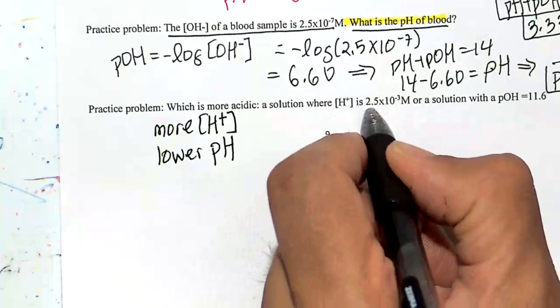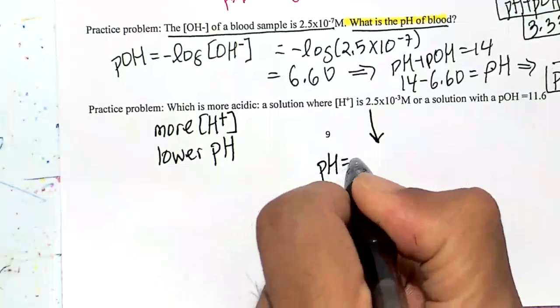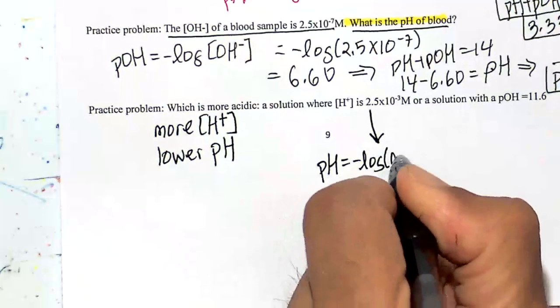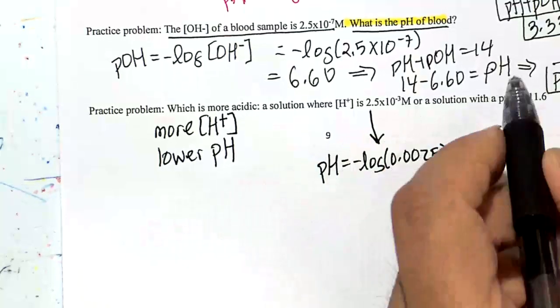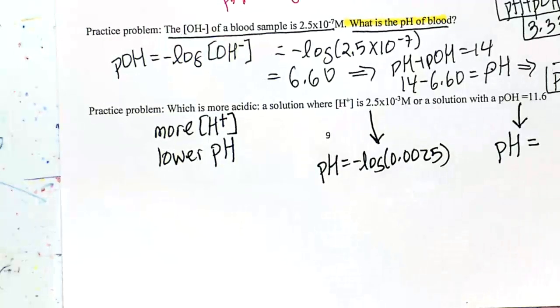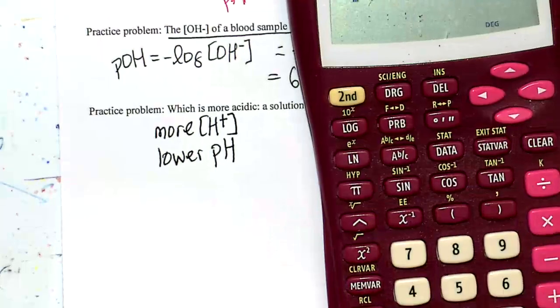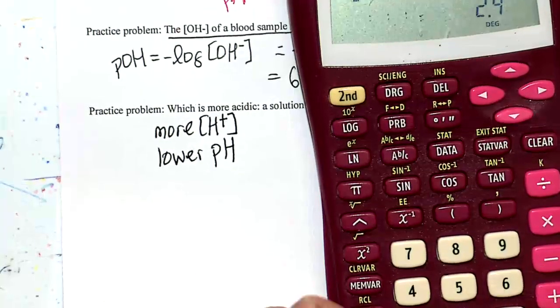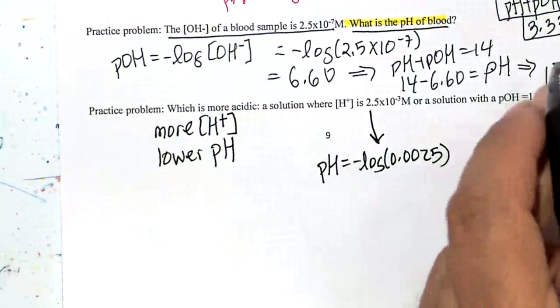So what I could do here is take the pH of this, and I'll get the pH of this. So what is the pH of this substance whose pOH is 11.6? I will subtract from 14 and get 2.4.